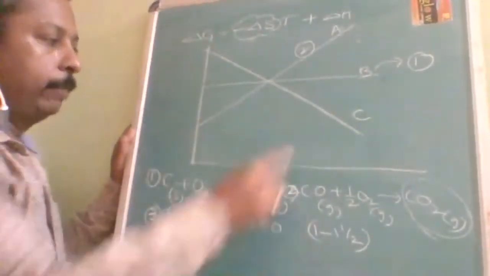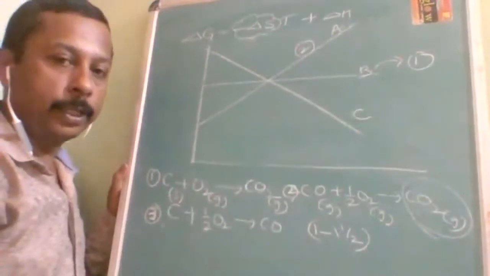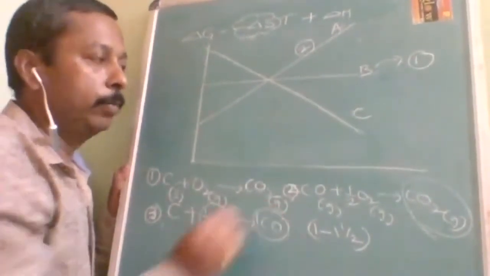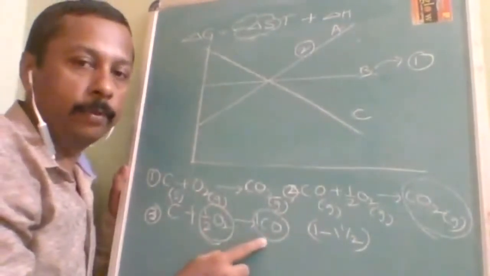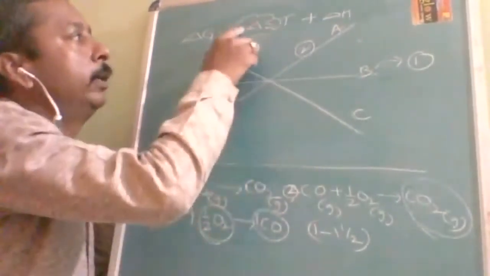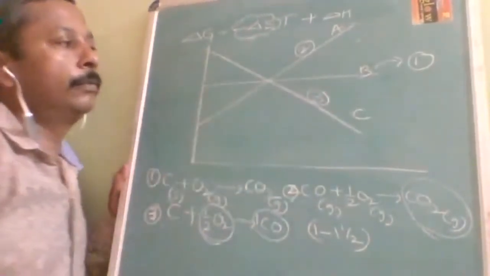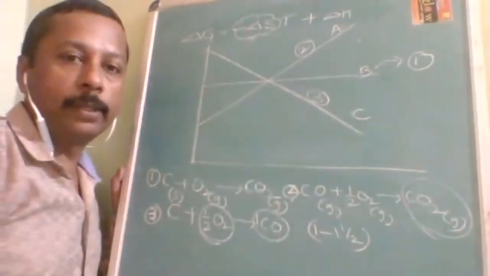And coming to the last one, we should check whether it is applicable here also. So half mole of gas is converted into 1 mole of gas. So delta S is what? Positive. Positive into negative, it is negative. So that means this graph corresponds to equation 3.